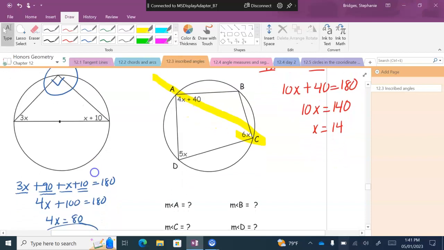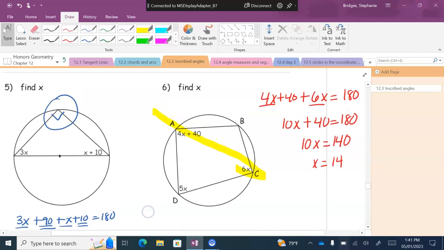But then it does actually ask you to go on and find all of those angles. So if I wanted to do that, what would I just have to do after that? Just plug it in. All right, so let's see. 4 times 14 is 56 plus 40, which is going to be 96. 6 times 14 is 84. 5 times 14 is 70.